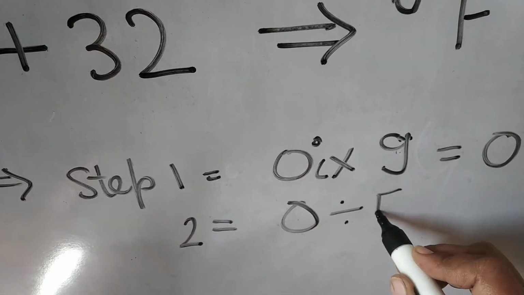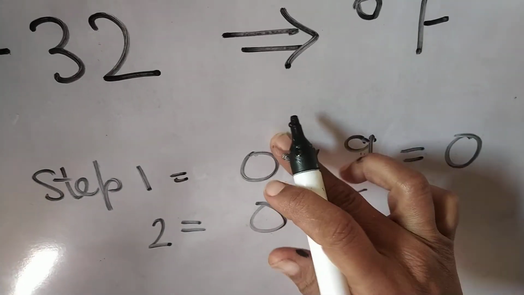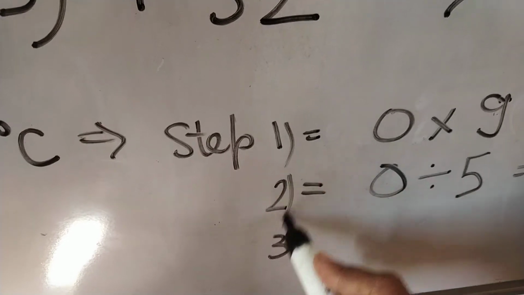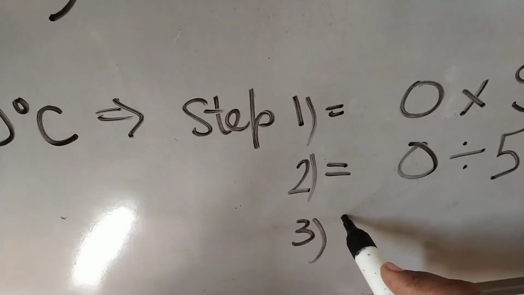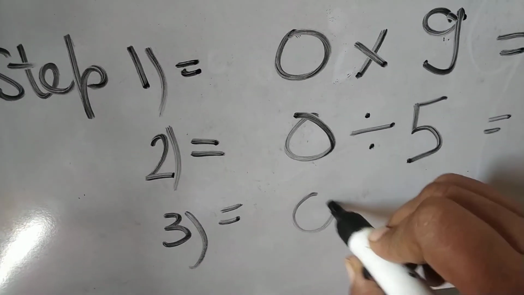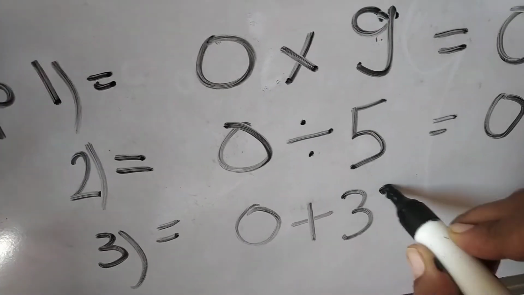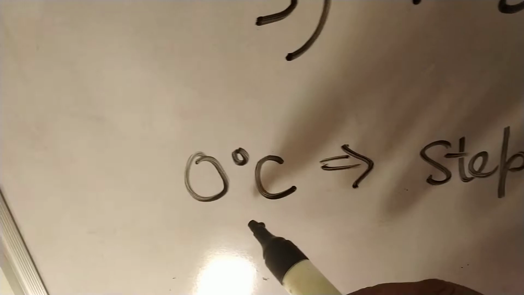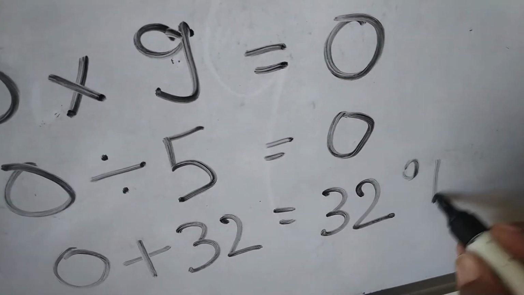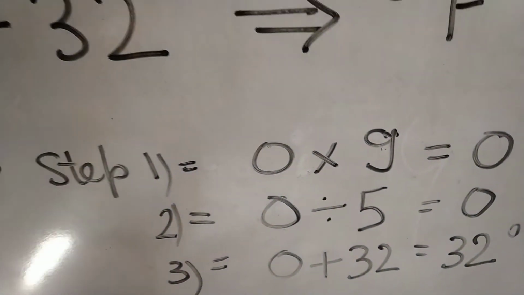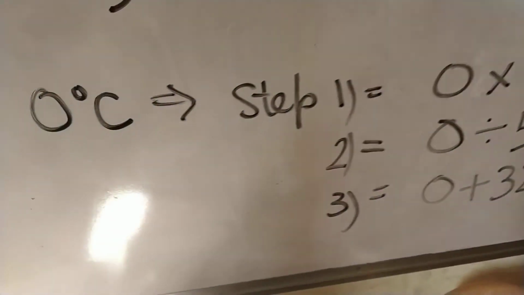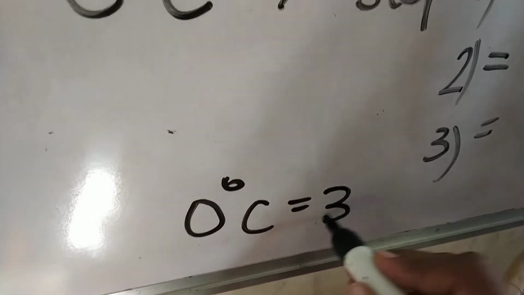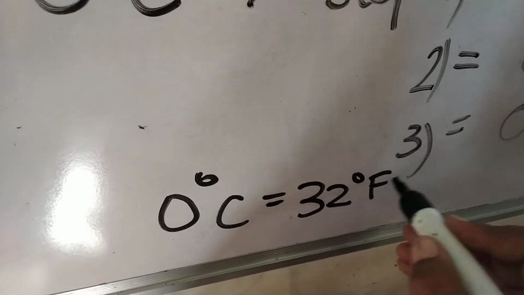When I divide 0 by 5, I get 0 itself. In the third step, I have to add 32. When I add 0 with 32, I get 32 itself. That means 0 degree Celsius is equal to 32 degree Fahrenheit. Okay children? So we can write this: 0 degree Celsius is equal to 32 degree Fahrenheit.